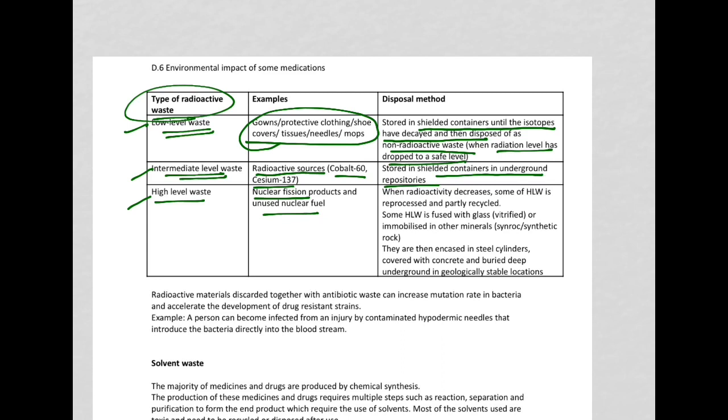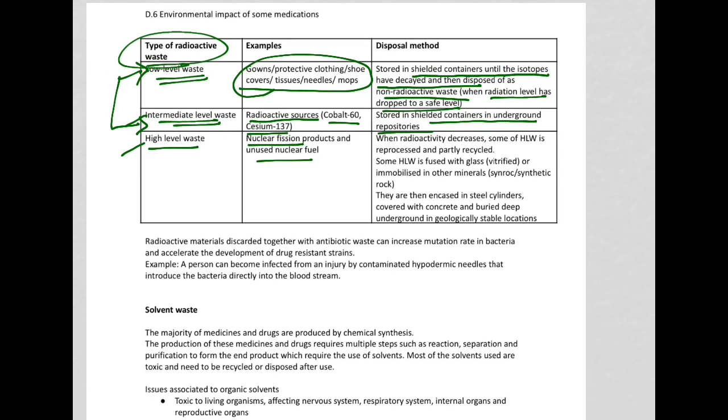Normally in medicine, these are the 2 main wastes that are going to be produced. High-level waste is not very common, but high-level waste needs to be stored in steel cylinders covered in concrete and buried deep underground.